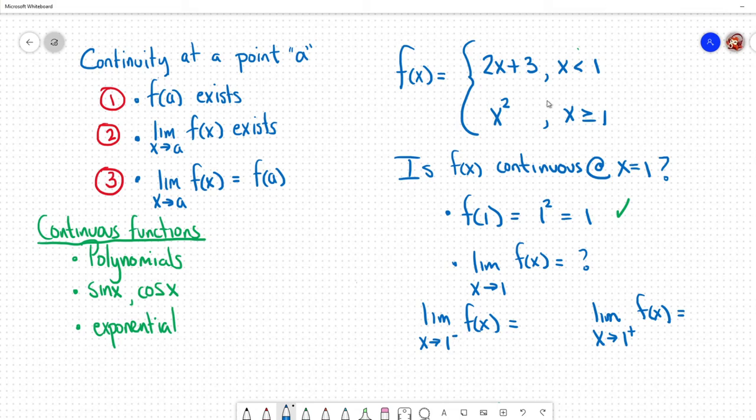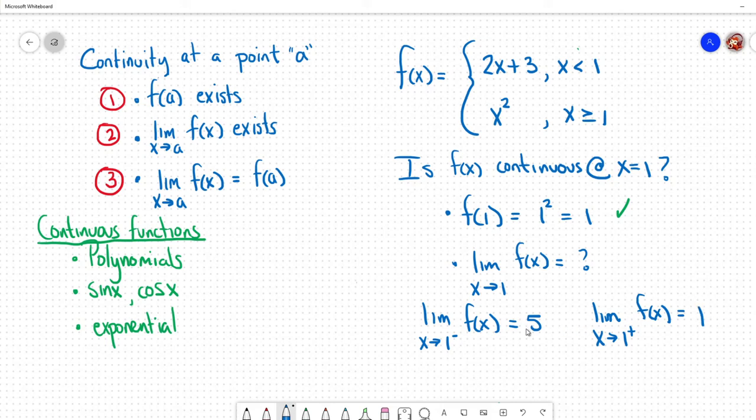If I plug in 1 coming from the left, so numbers less than 1, we're going to be using that top function. It is continuous, so I can freely plug in the value. That would give me an answer of 5.